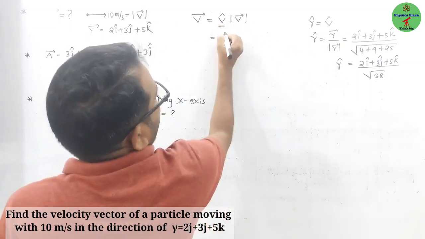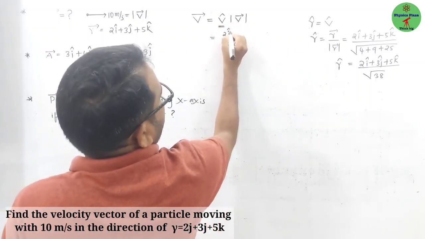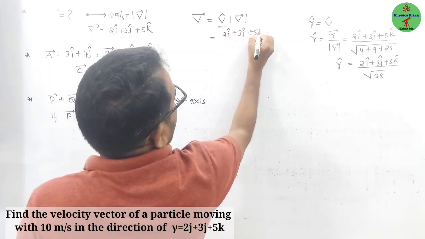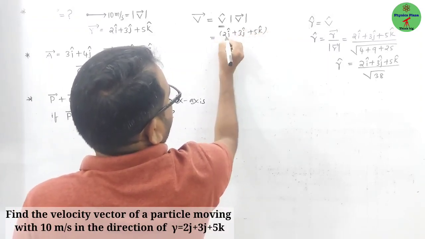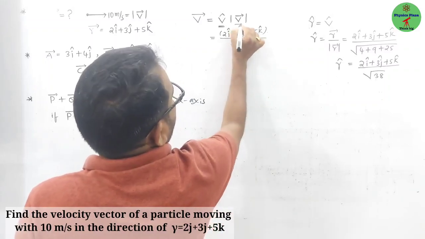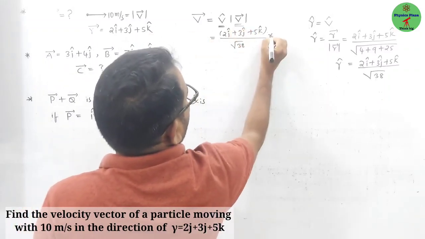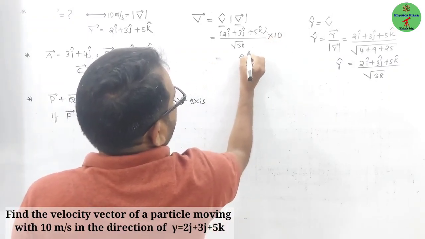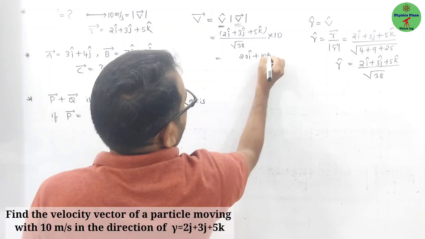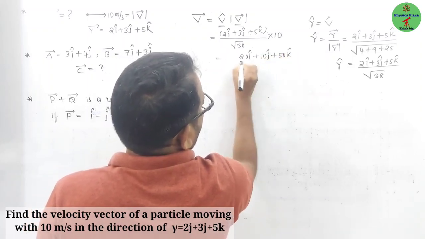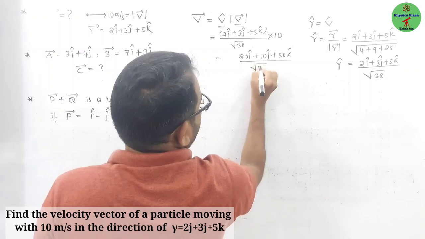So the answer is going to be 2i cap plus 3j cap plus 5k cap by root 38. The mod v value is how much? It is 10. So if you multiply, this is 20i cap plus 30j cap plus 50k cap by root 38.